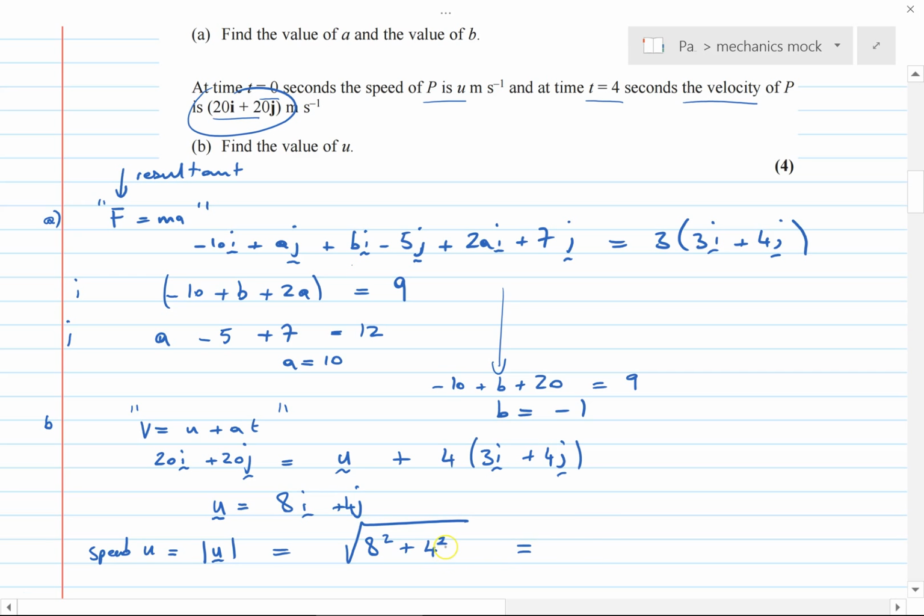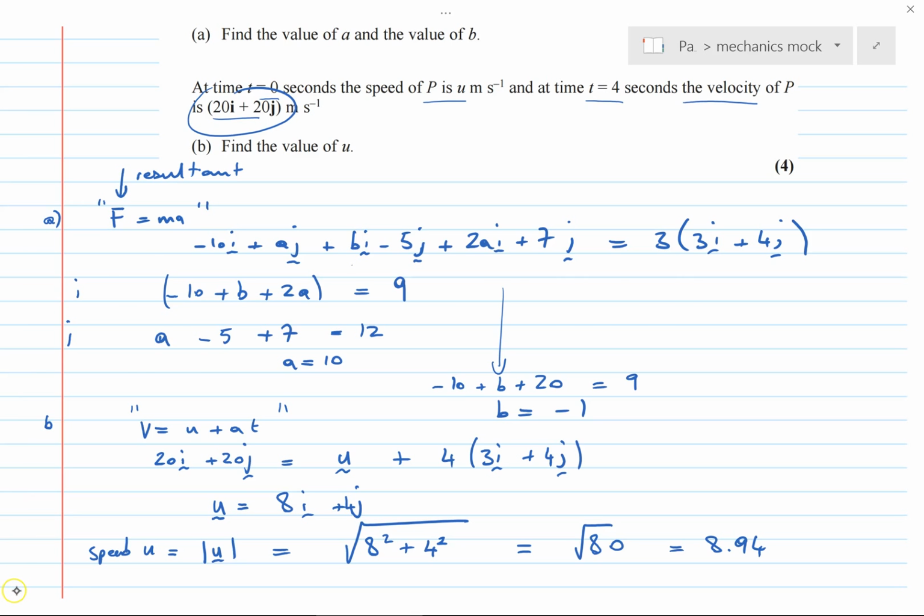So that's 64 plus 16, square root of 80. And that breaks down to 8.94 to 3 significant figures, or I think you were allowed to give it as an exact surd as well. Okay, and that's question 2 done.